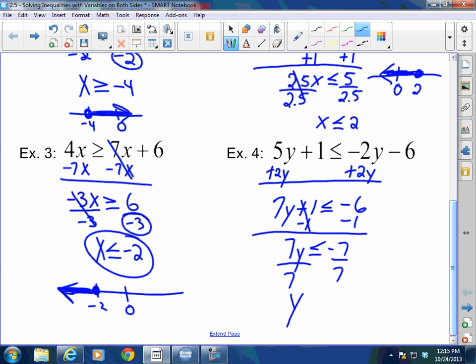Flip the sign, right? Wrong. I tricked you and you lost. You do not flip the sign here because you did not divide by a negative. You divided by a positive, so the sign does not flip. Y is less than or equal to negative 1. I got you on that one. Close circle, less than or equal to, so shaded to the left. Does that make sense?